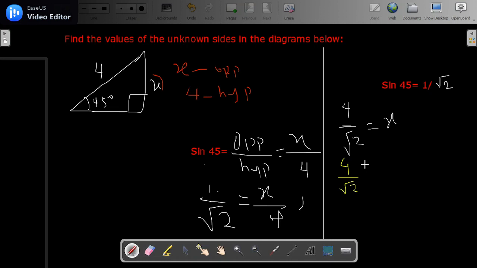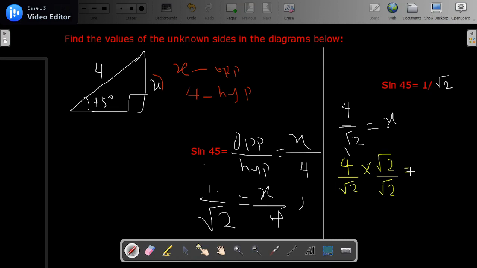So 4 over root 2 will be multiplied by its denominator, which is root 2, multiplied up and down like this. We are actually doing rationalization right now.